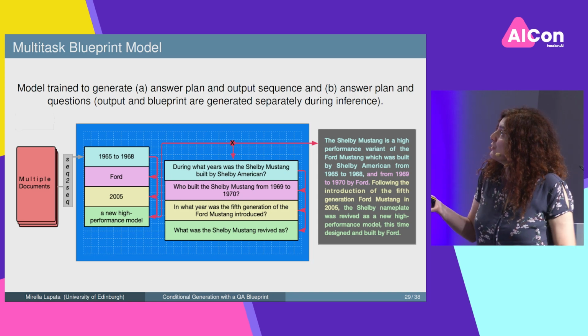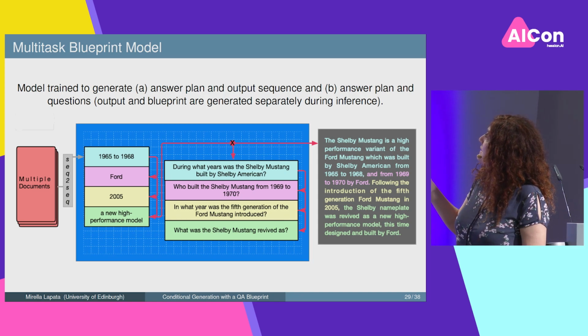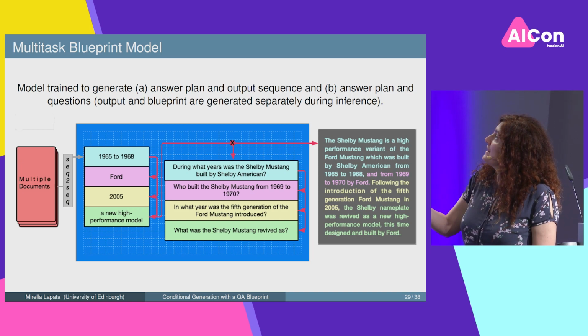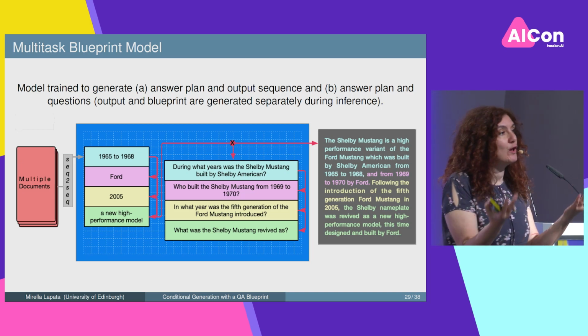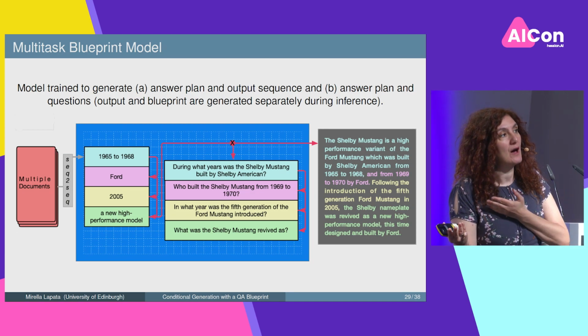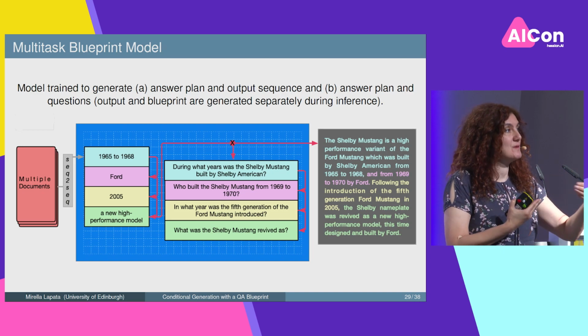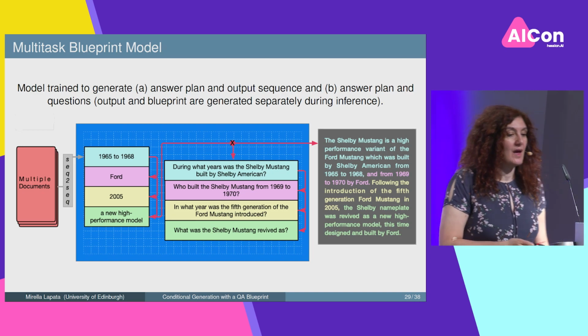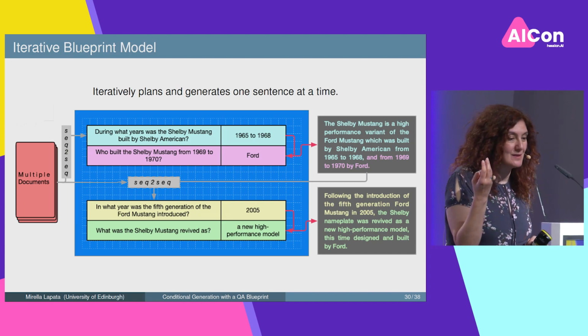So one bit of the model will generate the answer and the summary, and another part of the model will generate the answer plan and the questions. And these are trained jointly. This solves the problem of the very long output, but again, there is no tight connection between the blueprint and the output.